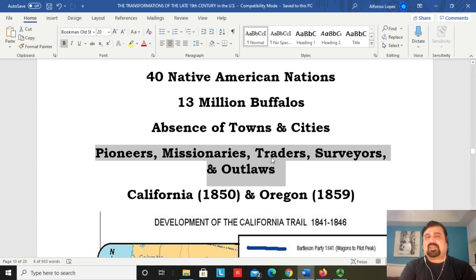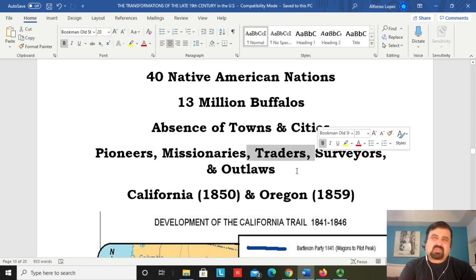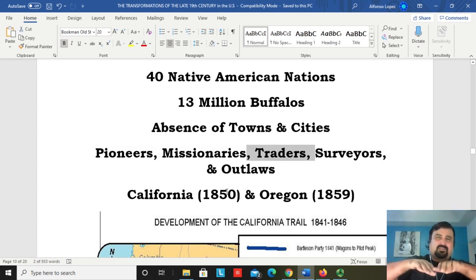There's people engaged in trade. There are merchant trails, of people that are actually bringing goods back and forth, particularly from California and Oregon. And there's, of course, specific trails. We're going to mention a couple of them in a few moments here.